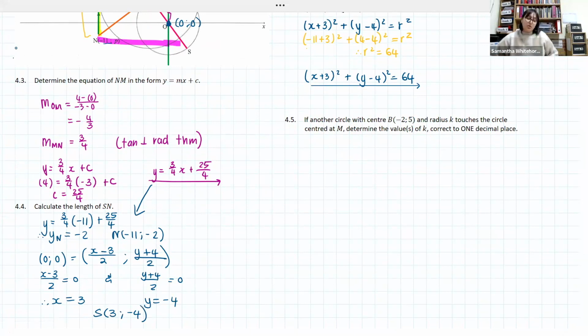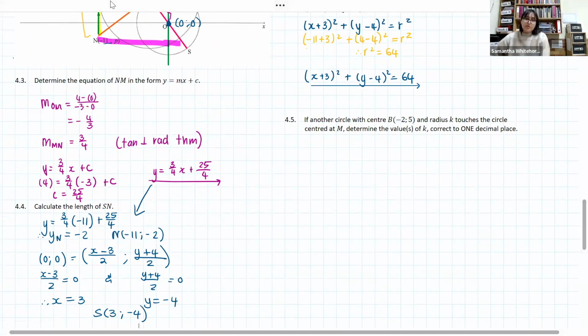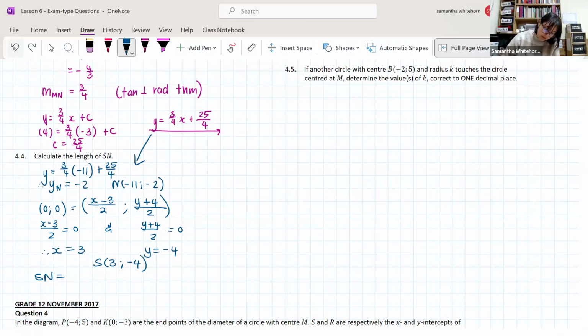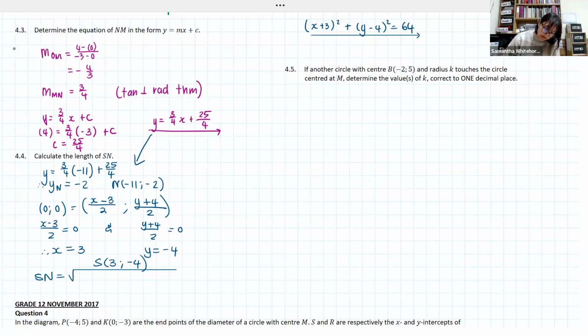And now that you know where point S is, you just use your distance formula and you go and work out what SN is. So SN is equal to the square root of, remember it's the difference of the x's, so -11 minus 3 squared plus -2 plus 4 squared.